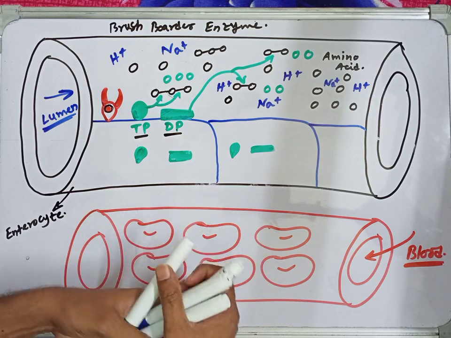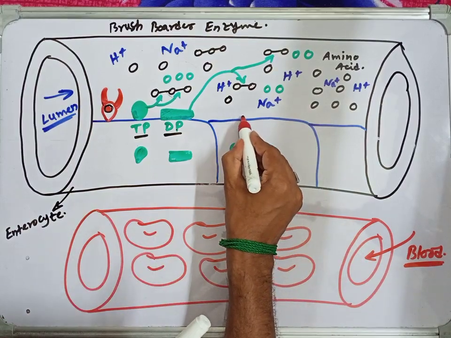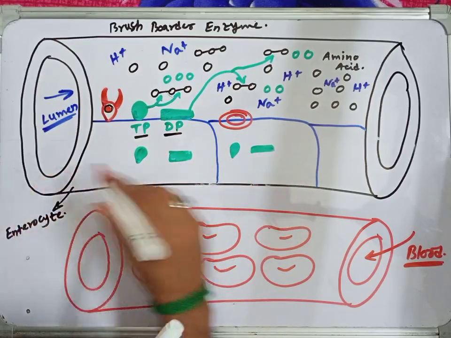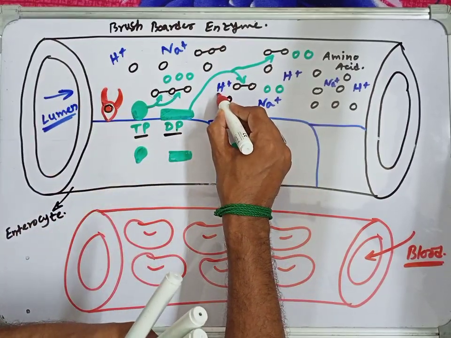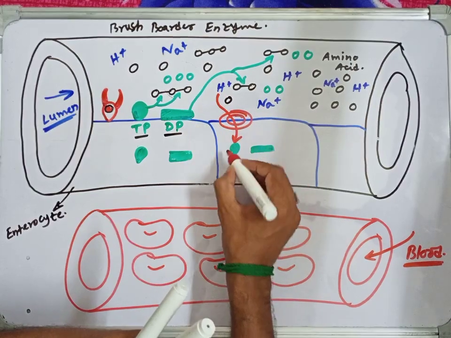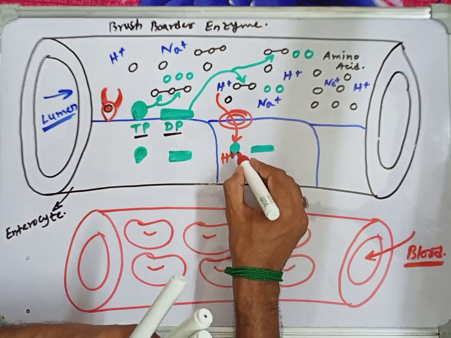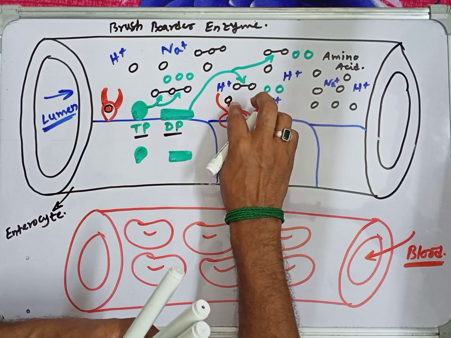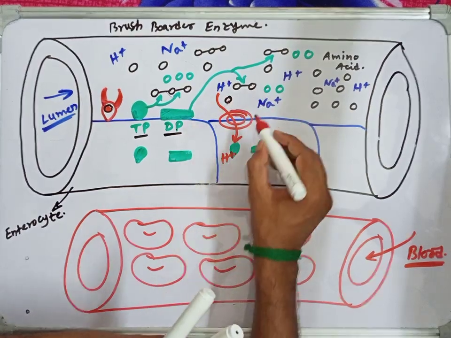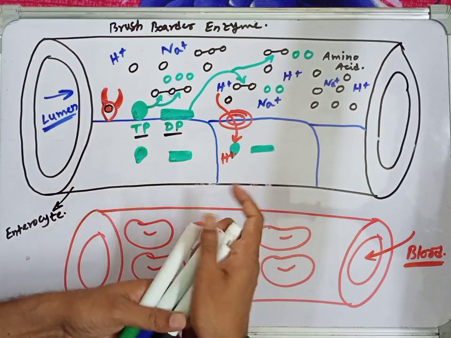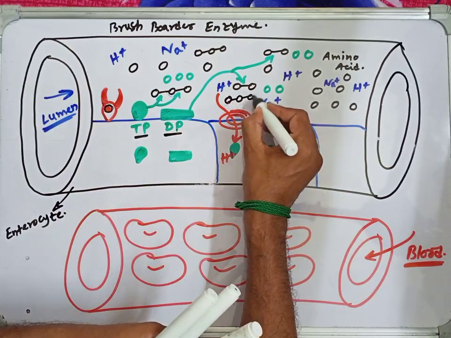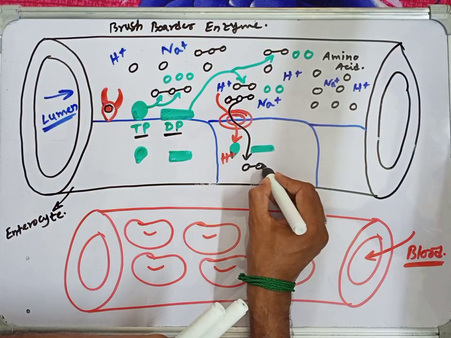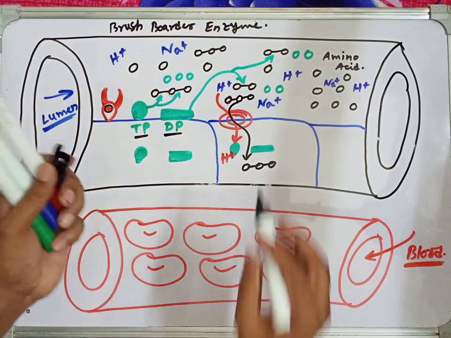There is a co-transporter present on the surface of this enterocyte cell, and this co-transporter has the capacity to take one hydrogen in, and with this hydrogen there is also transport of tripeptide as well, right?